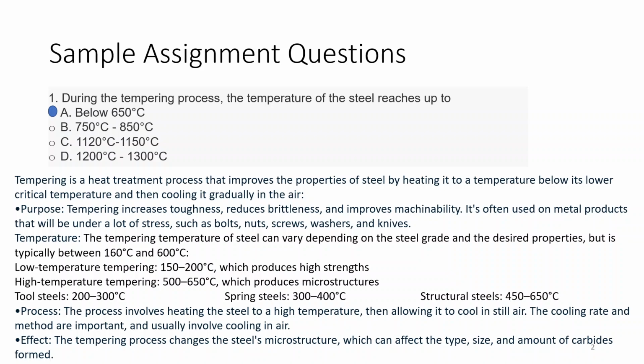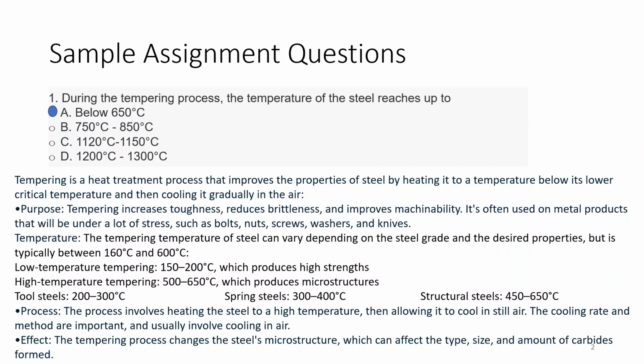Tool steels are tempered between 200 to 300 degrees Celsius. Spring steels are tempered between 300 and 400 degrees Celsius. Structural steels are tempered between 450 to 650 degrees Celsius.